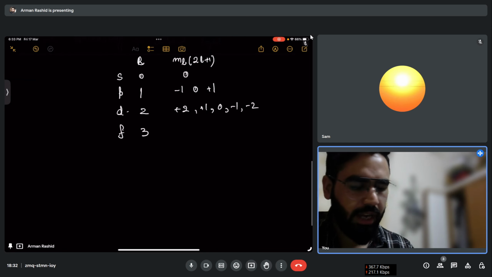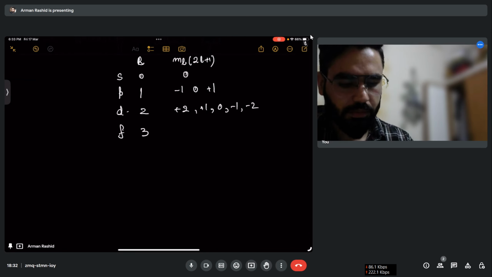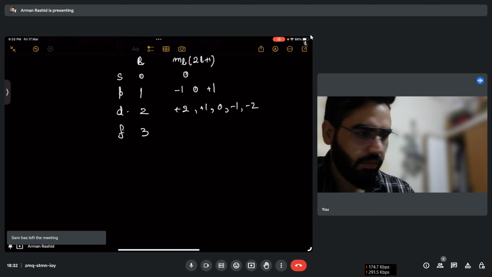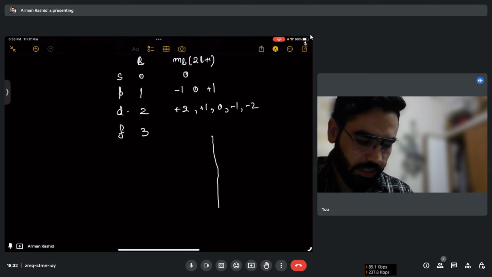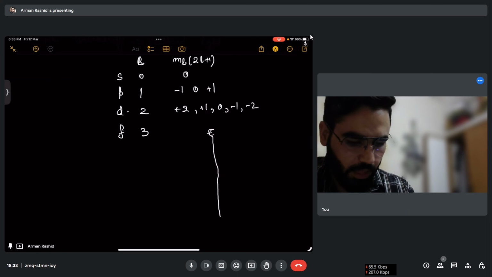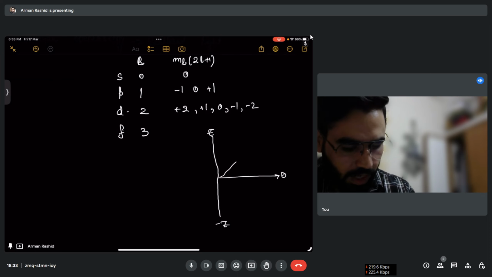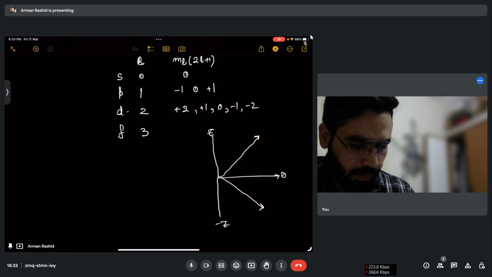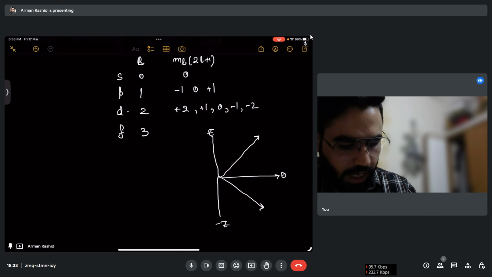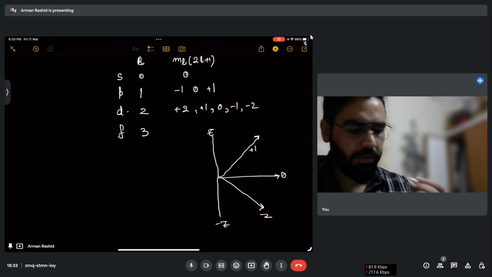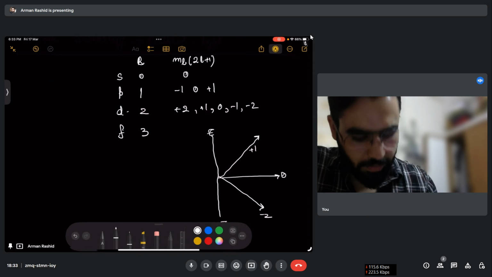Now if I represent the orbital angular momentum as vectors, for example, this is my z axis and this is my negative z axis. This corresponds to ml 0, then we have +1 and -1. You might have seen the conical representation.